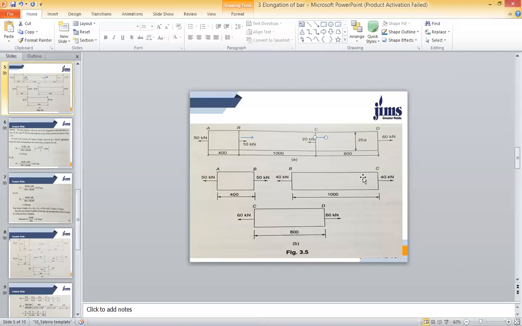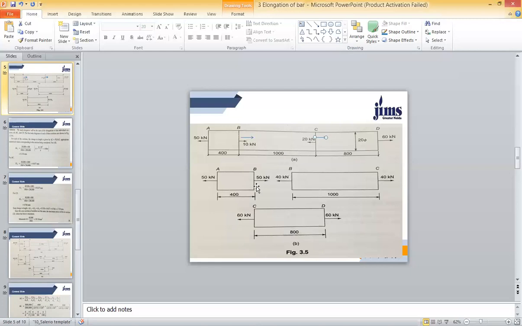If these loads are not equal, then we can't find out the elongation of the bar. So for that, we have to change the load accordingly. Now, this is 40, and when I apply 40 kilonewton in this direction, it becomes 60. So in CD bar, I have 60 kilonewton load in negative x direction and 60 kilonewton load in positive x direction.